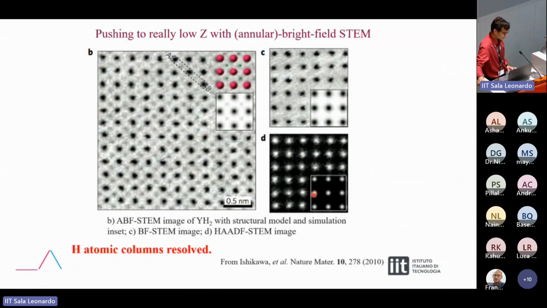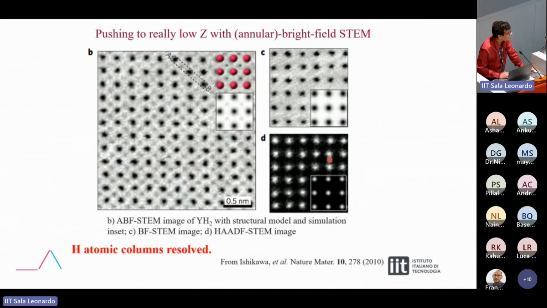So this is the example of yttrium hydride, and you can resolve the hydrogen atoms in this sample. And it was the breakthrough, because yttrium is much heavier than hydrogen, and you can see hydrogen and yttrium at the same time, which is not visible in the bright field STEM and this HAADF STEM image.